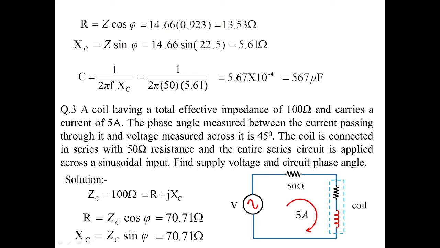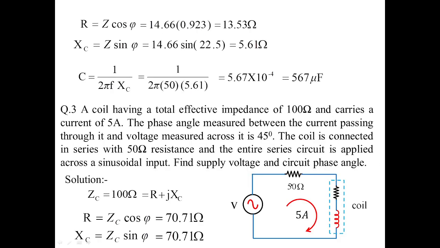Here it is not capacitive reactance. Here we are taking it as coil reactance. So don't get confused. Here we are treating Xc as coil reactance. Is this clear? Okay. So fortunately, the angle is 45. That is why we are getting the values of R and Xc the same. Here the Xc is the coil reactance.